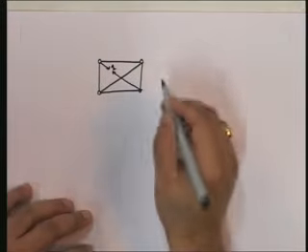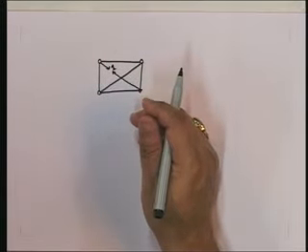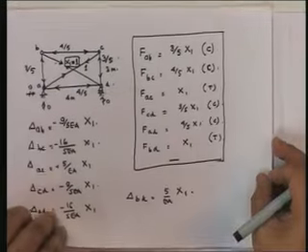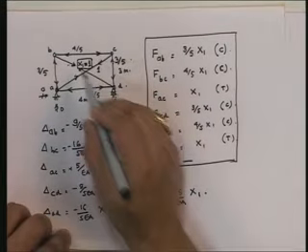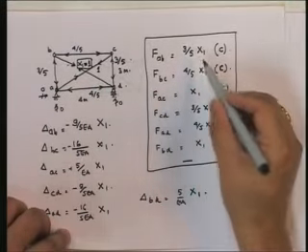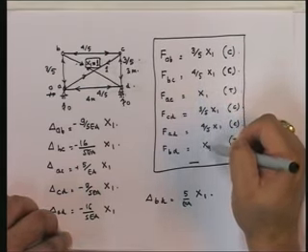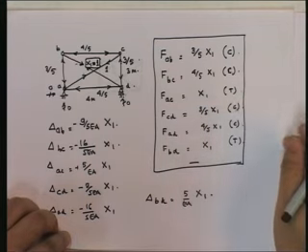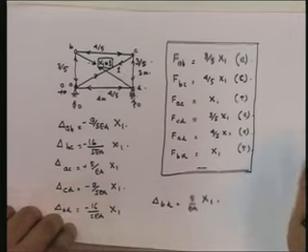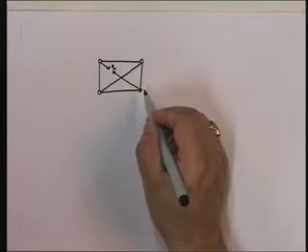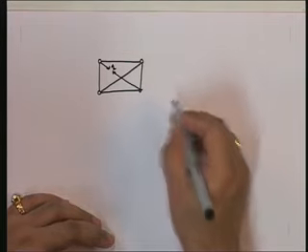So I am applying a unit force, and this is identical to what we had solved over here. If I put x1 equal to 1, then FAB is equal to 3 by 5, 4 by 5, 1, 3 by 5, 4 by 5 and 1. We've already looked at all of these last time. So therefore, there is no need to solve this particular problem. It's identical.